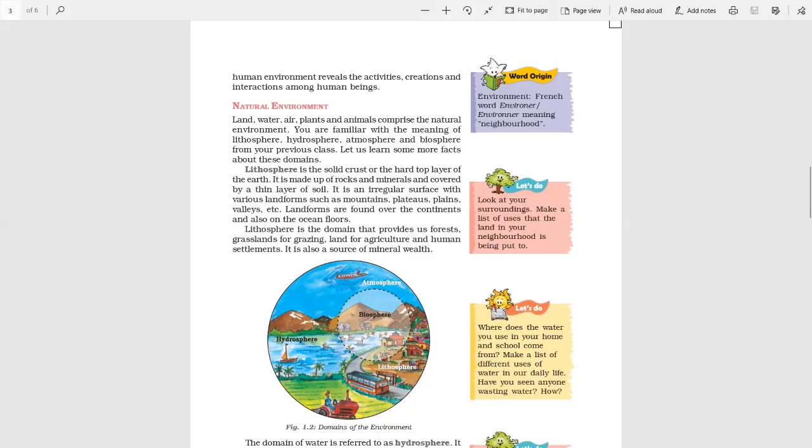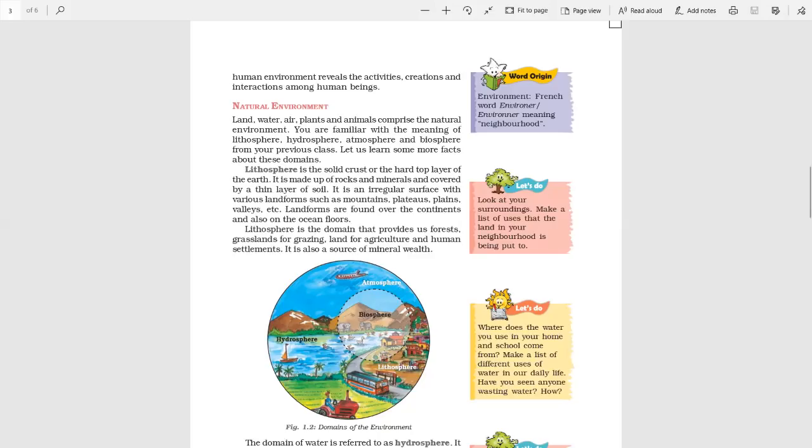Lithosphere is the domain that provides us forests, grasslands for grazing, land for agriculture, and human settlements. It is also a source of mineral wealth.